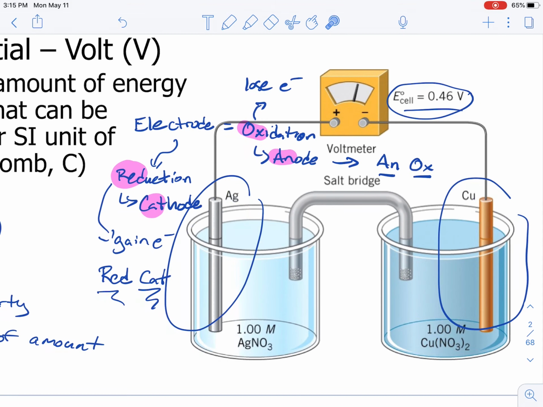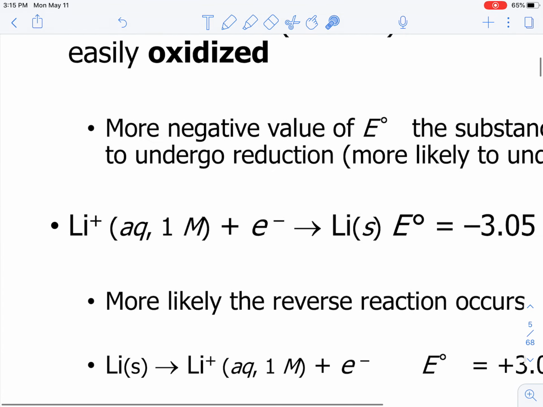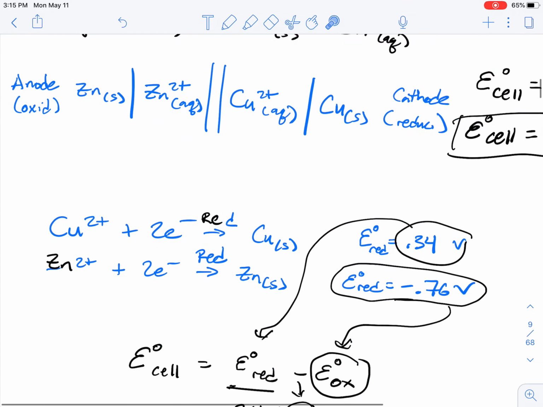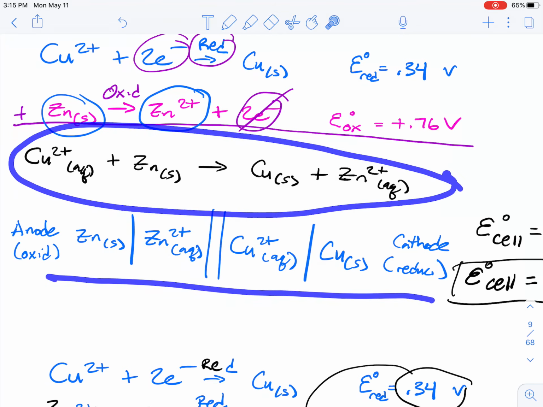And then your ions, your zinc ion and copper ion, are going to be found inside the solution because they're aqueous in phase. Okay, and so this is how you guys would write the cell notation for this chemical reaction.